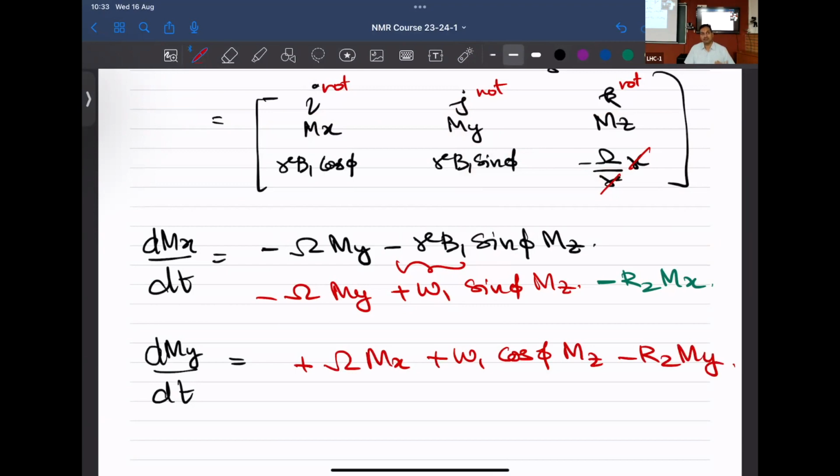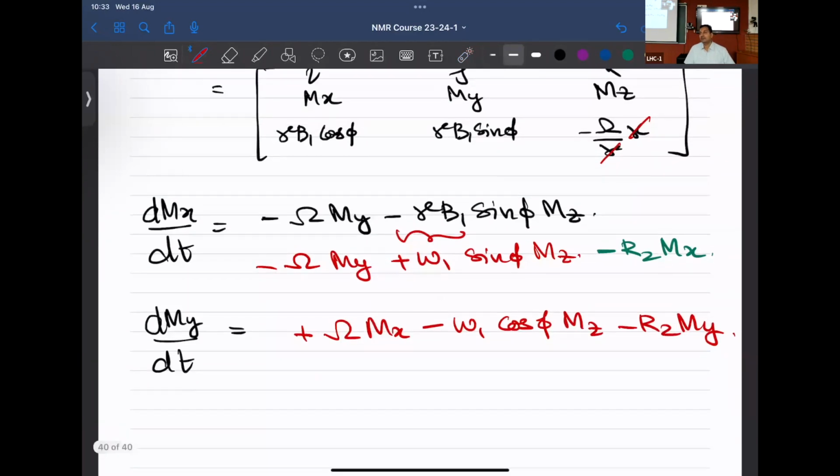Correct? I just did the same thing. I went a little fast. Why did the minus go away? Generally, the second one has a minus sign, minus j times. So I'm just putting the minus times minus becomes plus. So therefore this would end up being a minus. That's why you should not do things in a hurry. Right? And how did the minus R2 times My come? That's from the Bloch relaxation, ad hoc introduction.